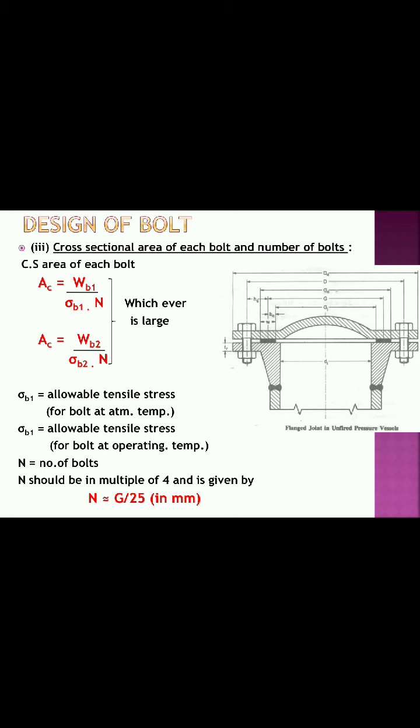So WB1 upon sigma B1 into N and WB2 upon sigma B2 into N, whichever is larger. The number of bolts, in the final step, should be G upon 25 and it should be a multiple of 4.